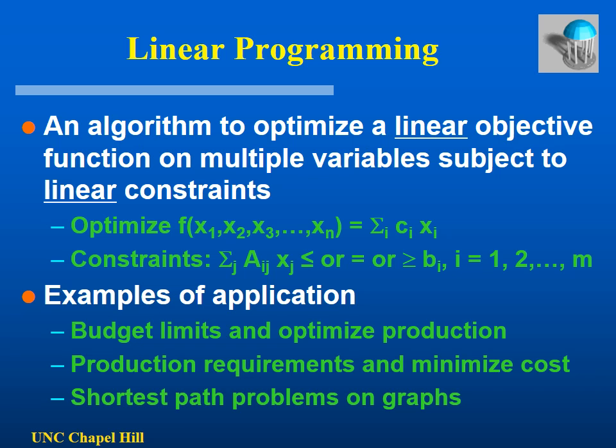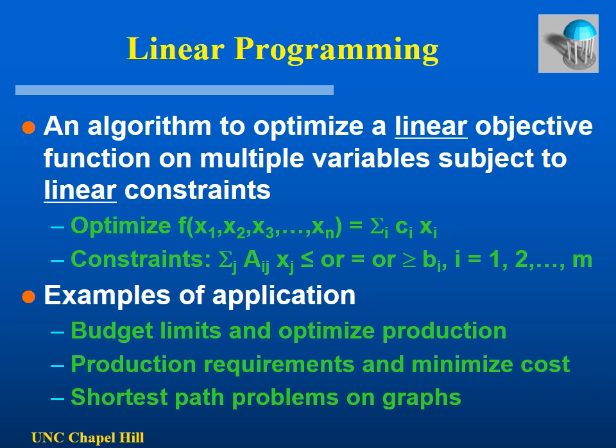And the same for the i equals 2 case, with a21 times x1 plus a22 times x2 and so on, which has to be less than or equal to b2, for m such constraints. Or the constraints can be equality constraints. So instead of saying it's less than or equal to b1, we can constrain it to be equal to b1 for the first case. And the second one may be a greater than or equal constraint, let's say the sum of a2j xj summed over j is greater than or equal to b2.